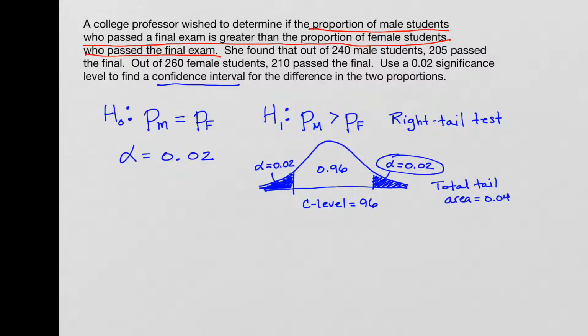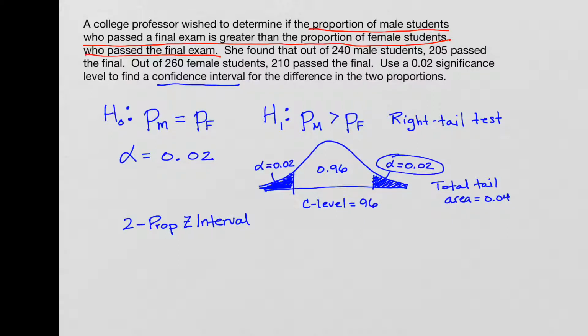So now we're going to find our 2-prop Z interval, and we're going to put in the data for the problem.